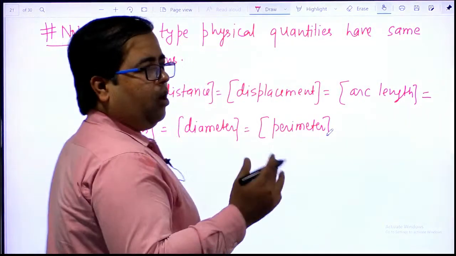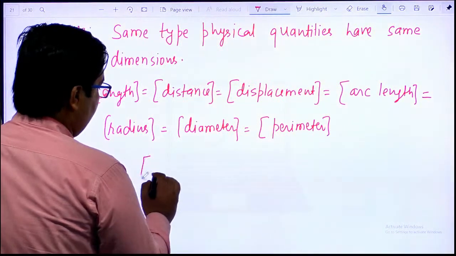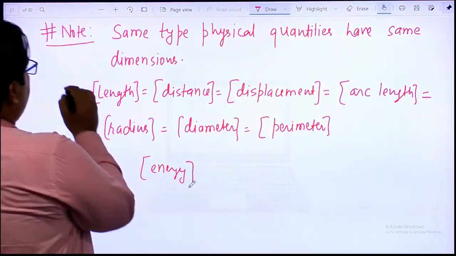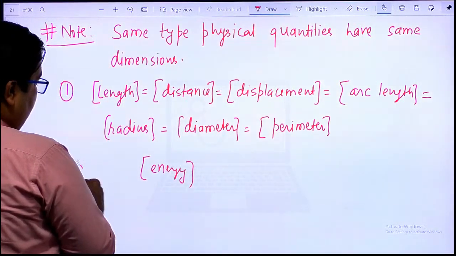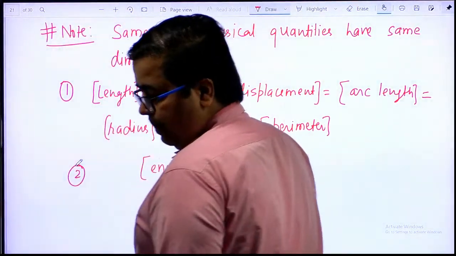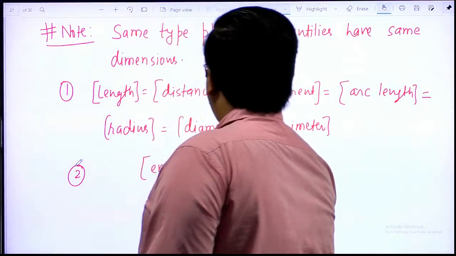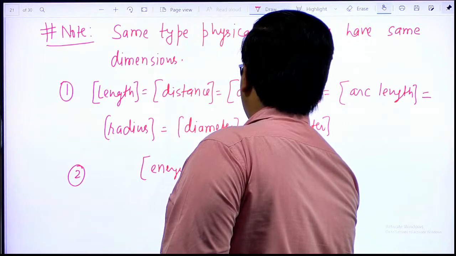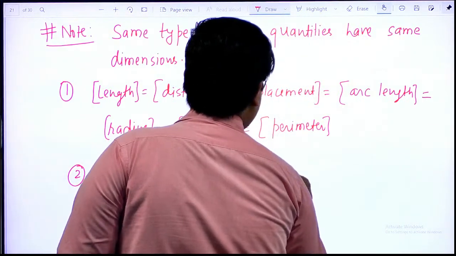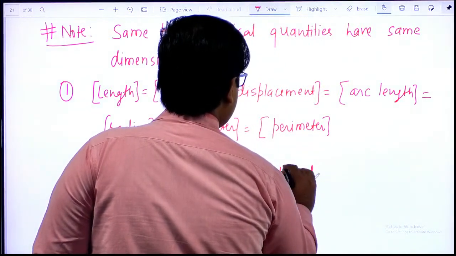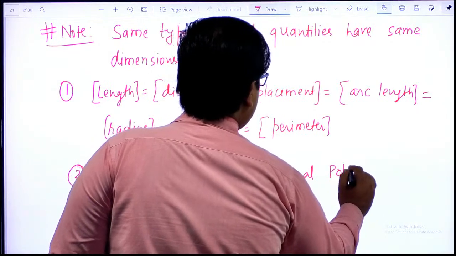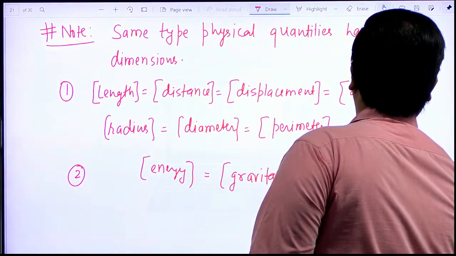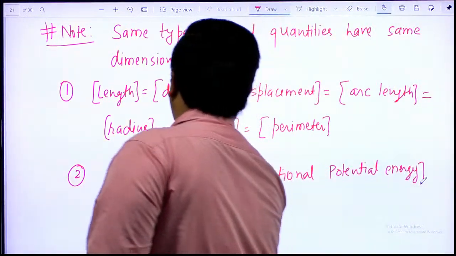Okay, all are the same. For example, the dimension of energy, as the first example, gravitational potential energy, is equal to the dimension of heat.